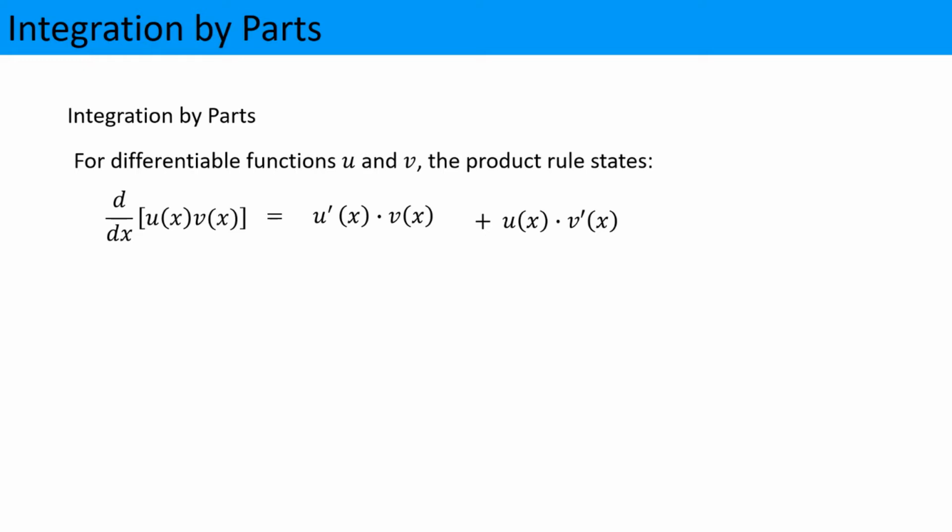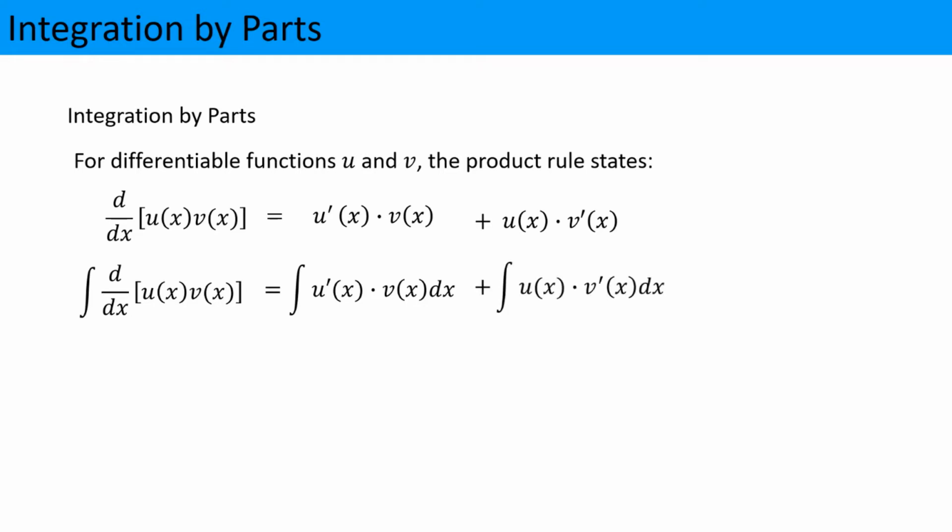That would give us the integral of d dx of u of x times v of x, and that would be equal to the integral of u prime of x, v of x dx, plus the integral of u of x times v prime of x dx. So let's complete the integral.